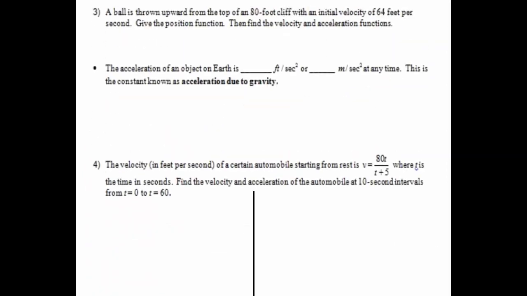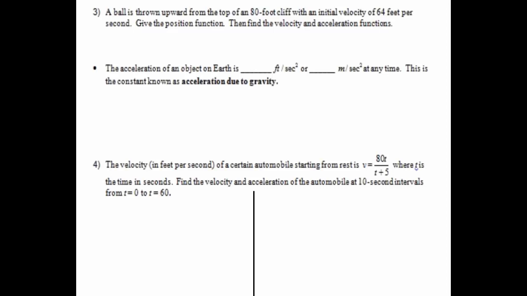A ball is thrown upward from the top of an 80-foot cliff with an initial velocity of 64 feet per second. Give the position function, then define the velocity and acceleration functions.